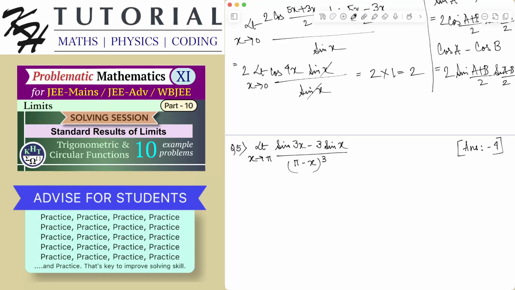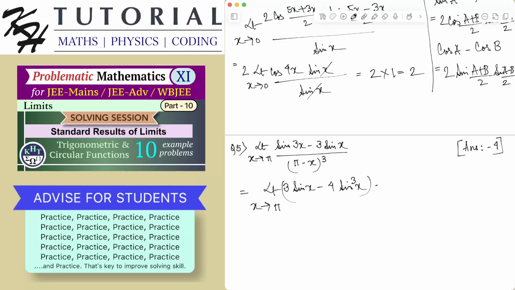Now we have sin 3x minus 3 sin x divided by (pi minus x) whole cube. Clearly, it is not of the form sin a minus sin b, so we have to use the formula of sin 3x. Sin 3x is 3 sin x minus 4 sin cube x.